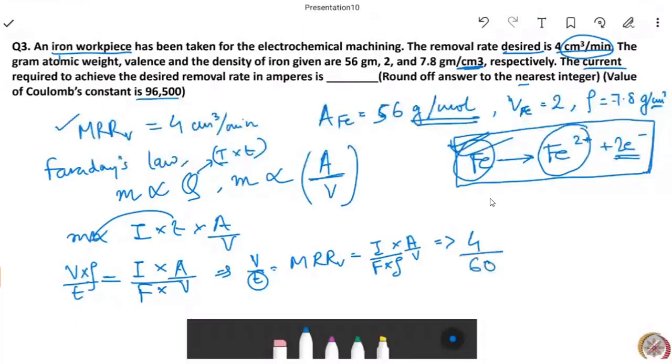So you need to convert it to seconds. Equal to I here. You need to calculate I, right, into A by V, 56 gram per mole divided by 2. F is 96500 into rho, which has been given as 7.8 gram per centimeter cube.